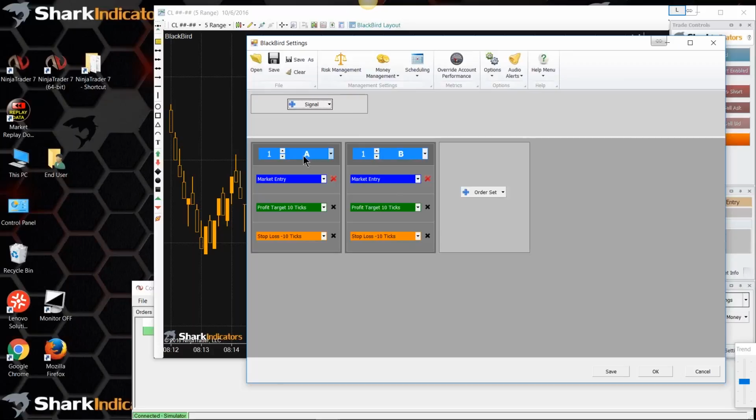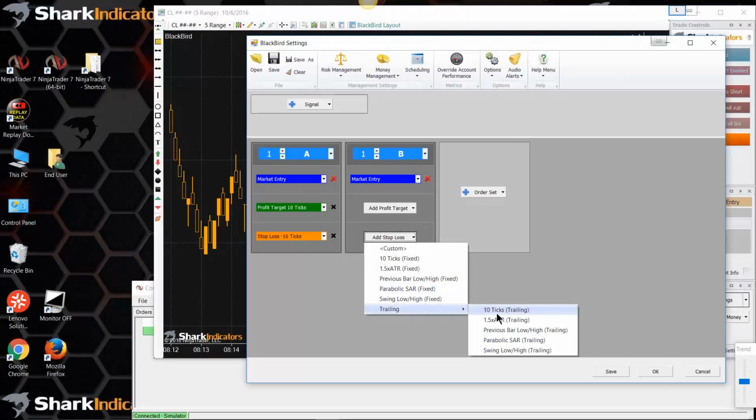But getting back to the name here, right? So A and B, that's the name of the order set. So let's say you're trading 2 contracts, and it's pretty common that a lot of people like their last order set to be a runner, right? So we would delete the profit target and just use the trailing stop loss as a runner.